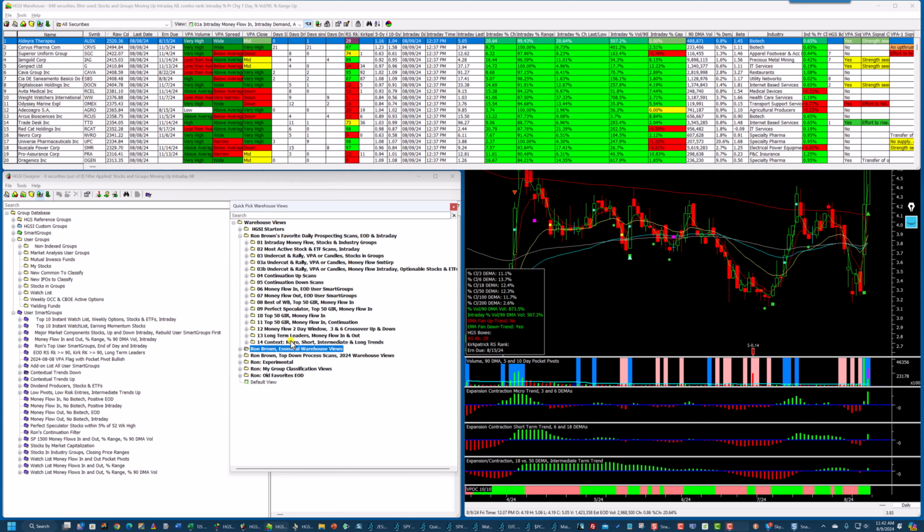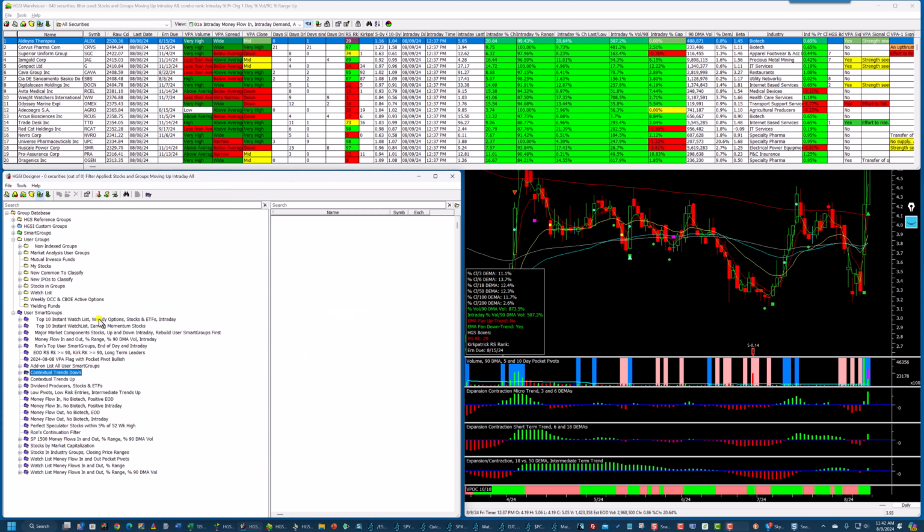But I'm going to be using these here, and then if you look at the user smart groups, you're going to find contextual trends down and contextual trends up, and I will be explaining what these do. But this is really a flexible way to find potential candidates that meet certain contextual criteria.